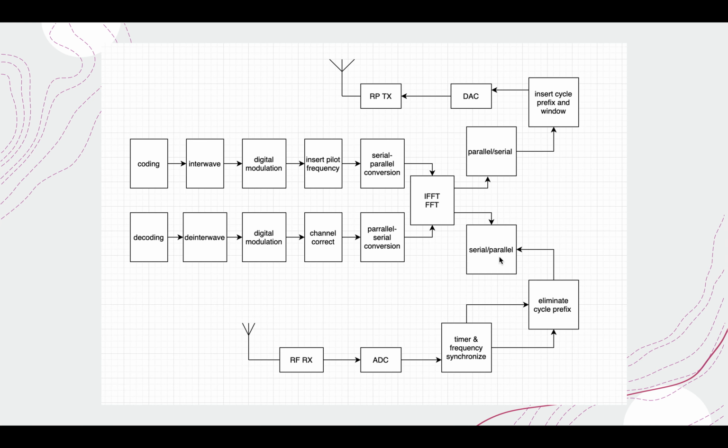And this is the diagram of my system. You can see that the upper part is the sender, and the lower part of the picture is the receiver.